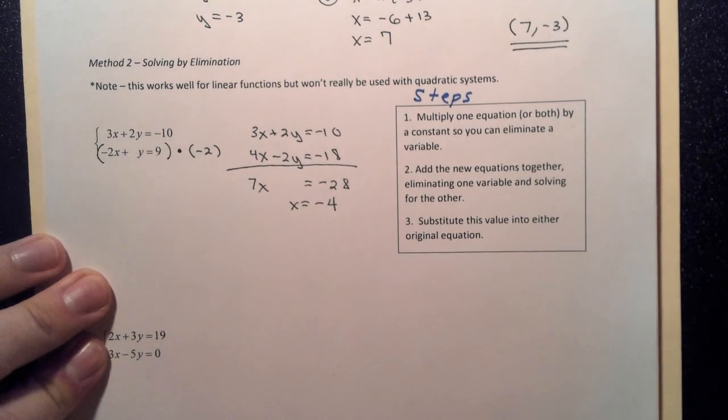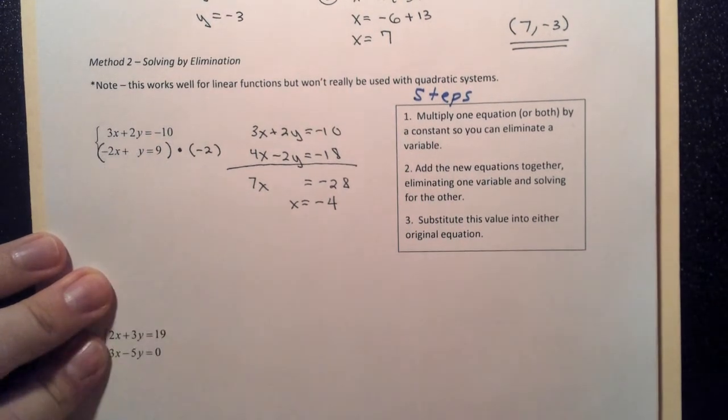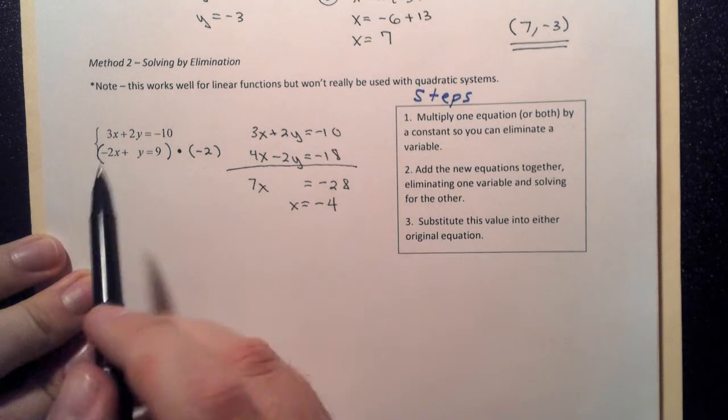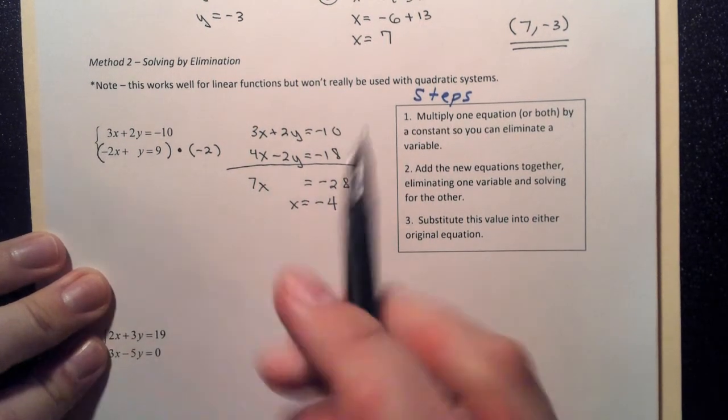If I know that x equals negative 4, I can now go to either of these two original equations to find y. Doesn't matter which one. You might notice that one of them might be easier. But either way, you should be able to get the correct answer.